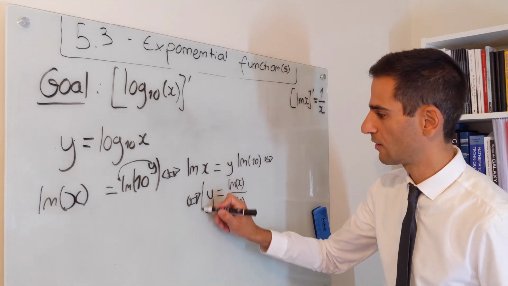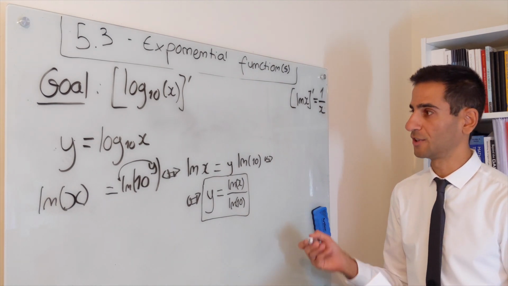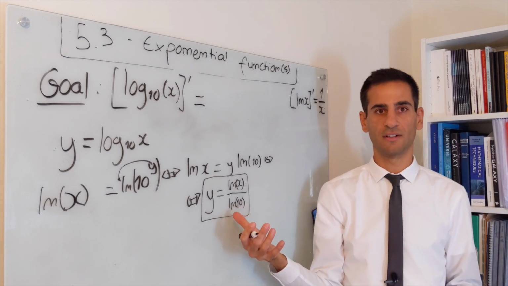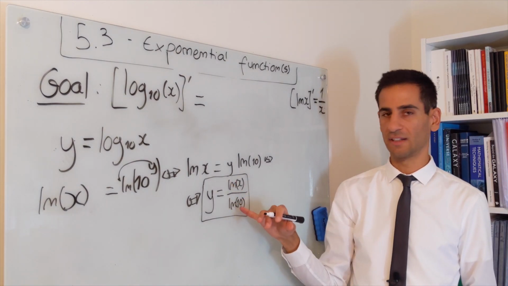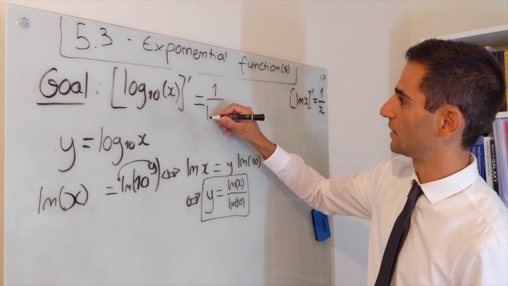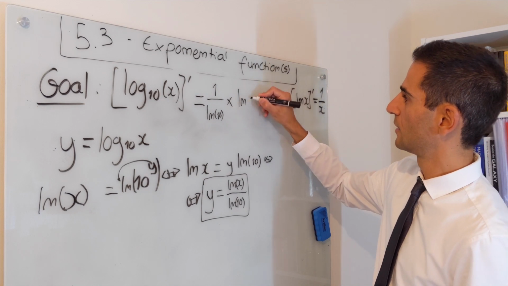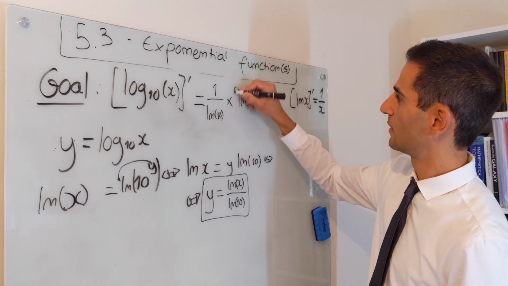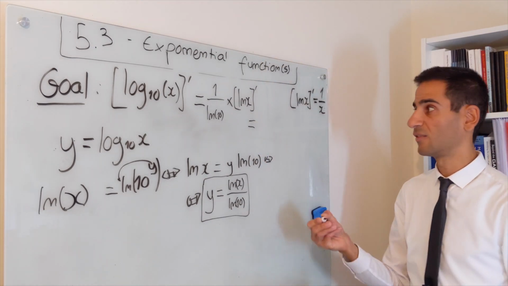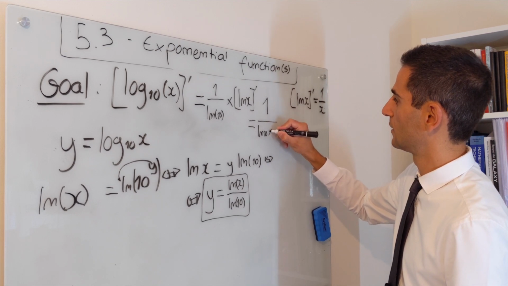This means that we now have an expression that we can very easily differentiate, and therefore we can think of this as using the constant rule, thinking of 1 over ln 10 as the constant. Therefore, we get 1 over ln 10 times the derivative of ln x, and this gives us finally 1 over ln 10 times x.